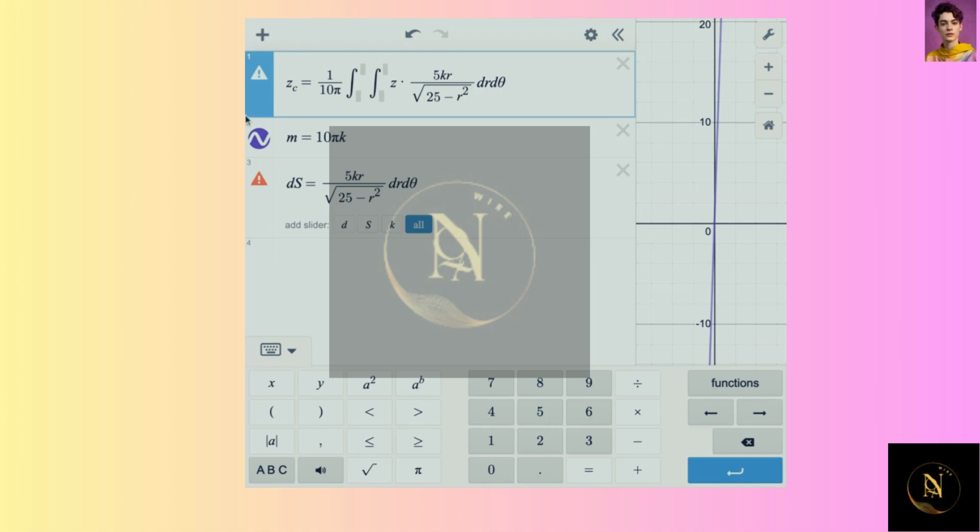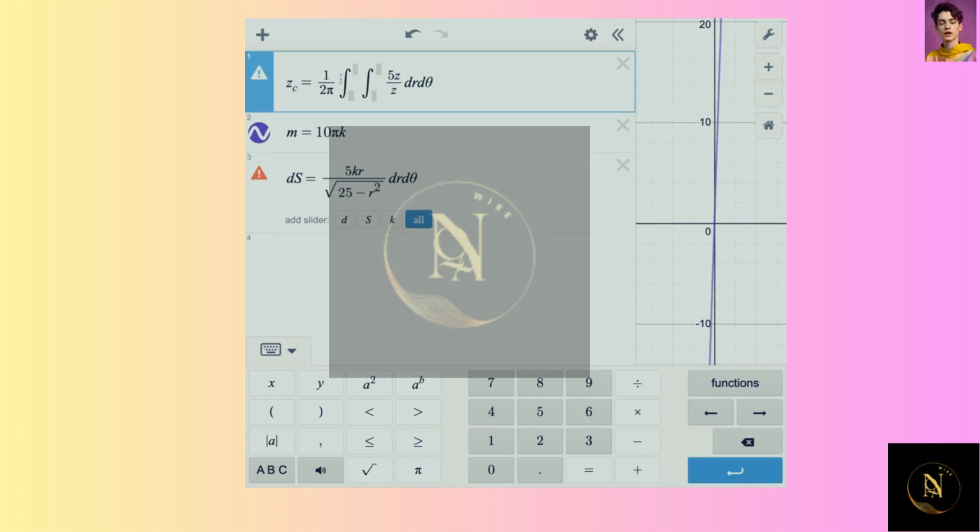So what we'll end up having is 1 over 2 pi, because this will be a constant. And then we see that if we convert these back into their original form, it'll be 5z over z, which is why this became 2 pi. So then we'll just have z over z, which is 1. And this is going to be dy dx.